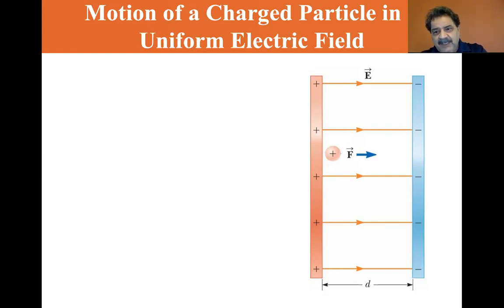At the same time, the negative plate is going to attract that positive particle. Opposite signs attract, like signs repel. So there's going to be a force from the positive plate and a force from the negative plate, and the sum of the forces is equal to QE, where E is the electric field formed by these two plates.